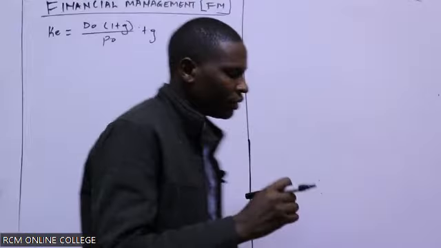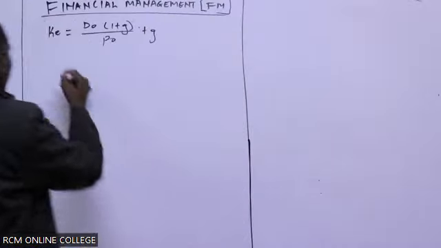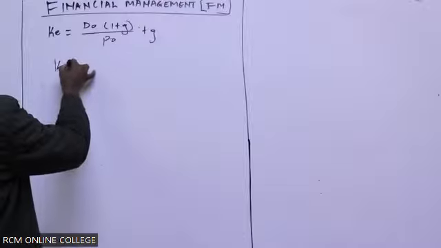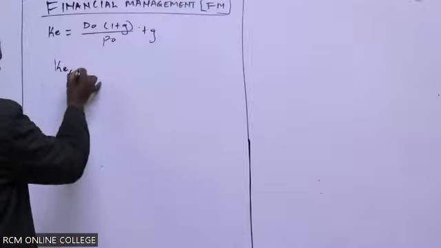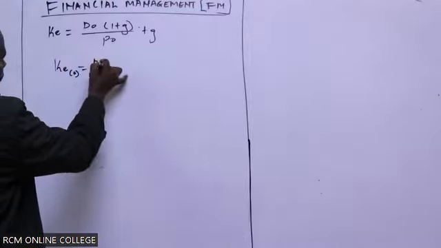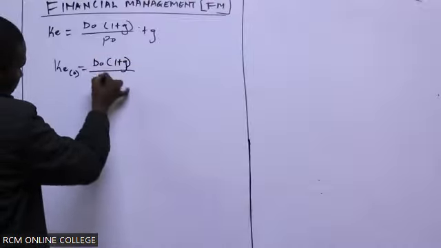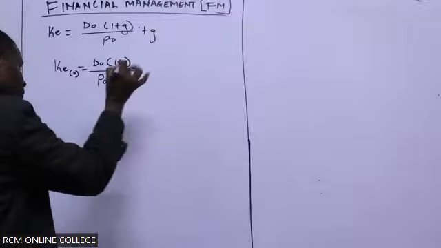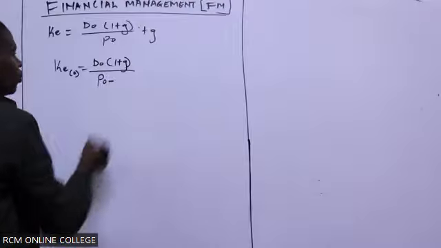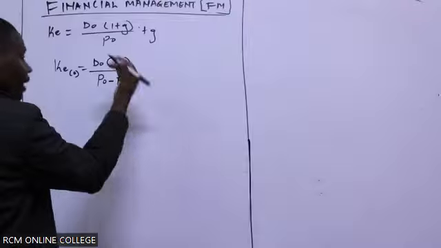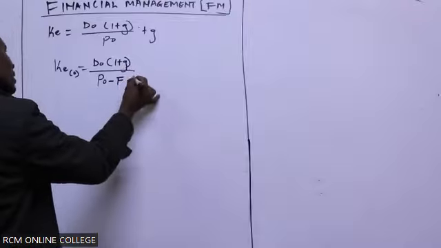Now when we go to the KE of ordinary share, where we are issuing new shares, it will be D0(1 plus g) divided by P0. Then we have to incur some cost here, issue cost, flotation. We have to give some discount.